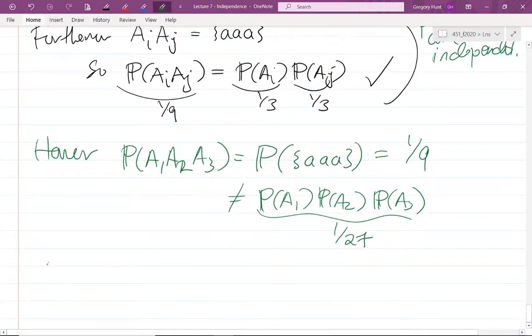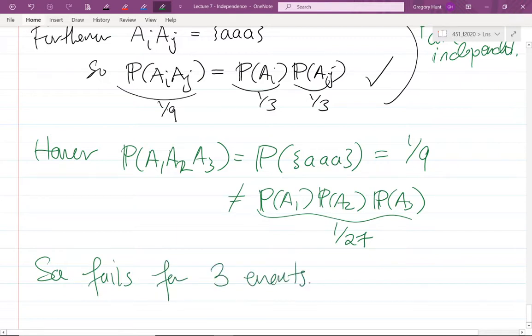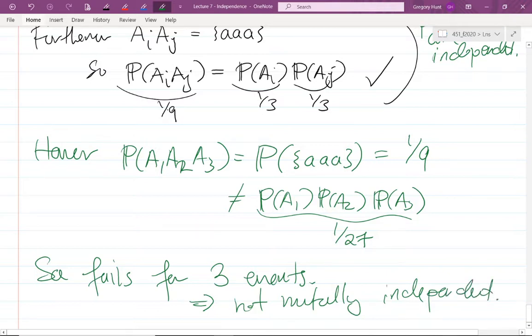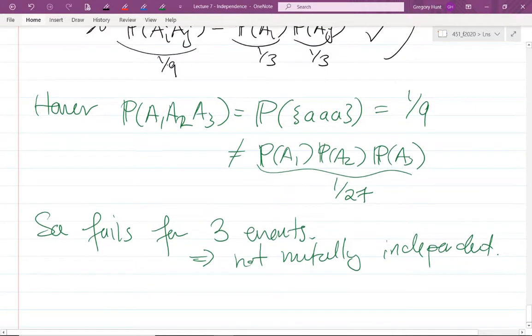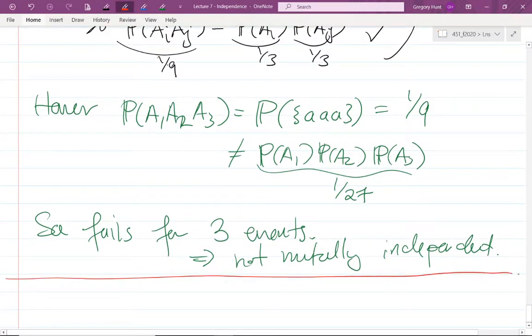So this fails for 3 events, and therefore these events are not mutually independent. Nonetheless, they're pairwise independent, but pairwise does not imply mutual independence, because we have now constructed an example where they are pairwise independent, but not mutually independent.